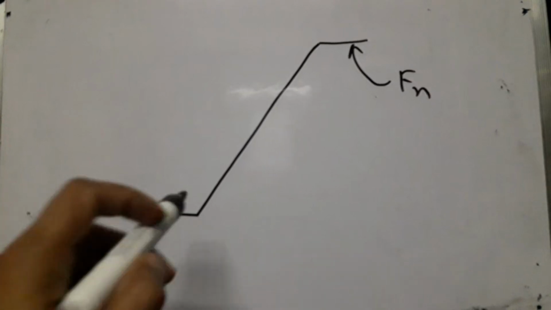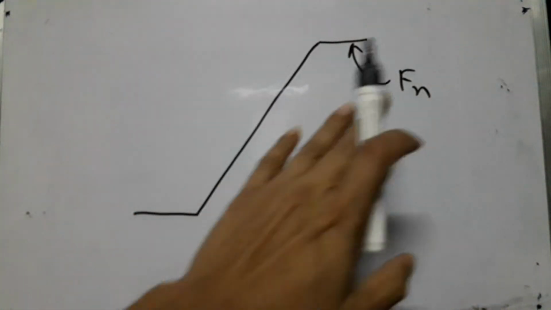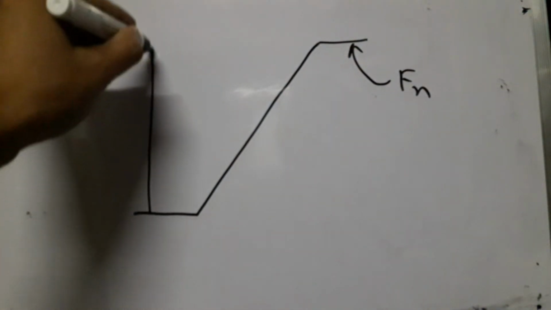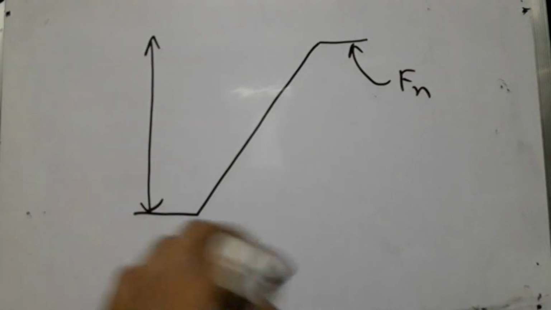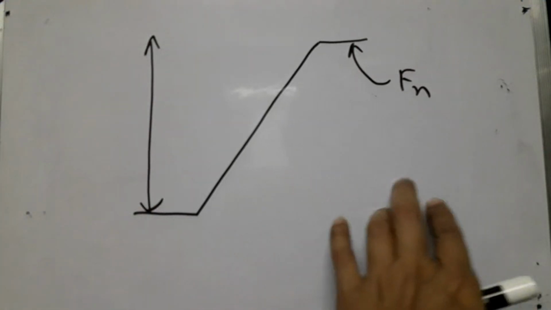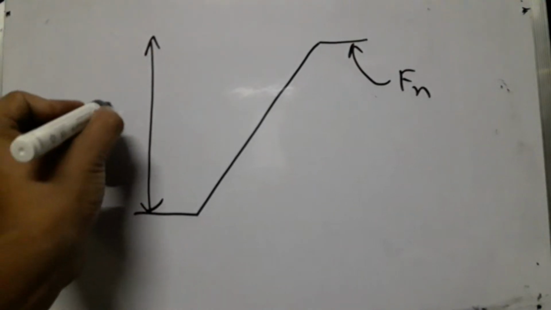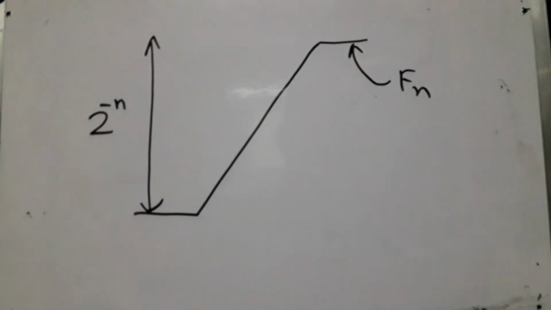Here I have shown a typical slant part of the graph of Fn. I am zoomed in on only one slant part. By the property of Fn, there are 2 to the power n such little parts, each accounting for probability 2 to the power minus n.